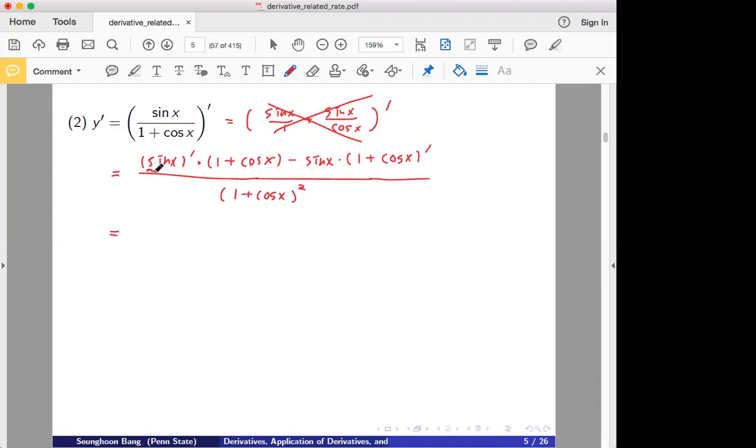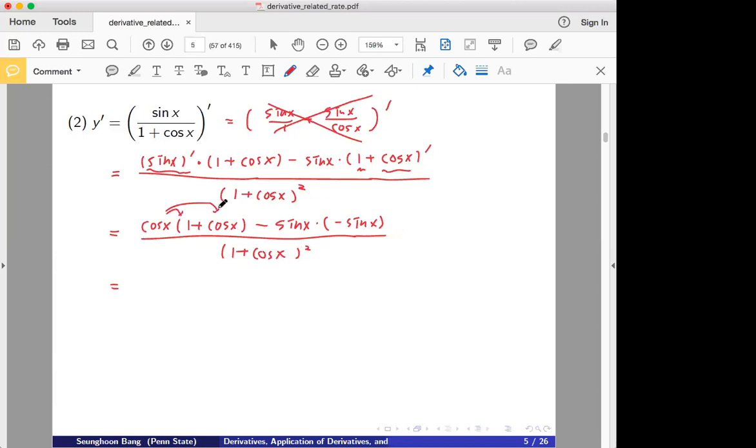What's the sine prime? The sine prime is, yes, cosine of x. Cosine of x times 1 plus cosine of x, minus sine x times what is 1 prime? 1 prime is 0. Cosine x prime is negative sine, you're right. Yes. So like this over 1 plus cosine x squared.